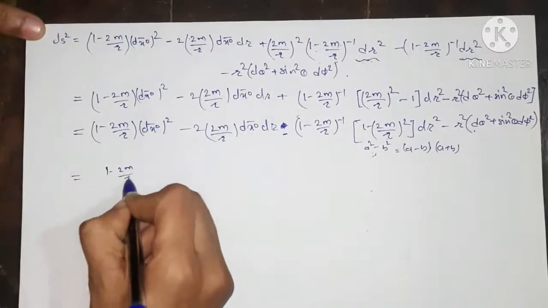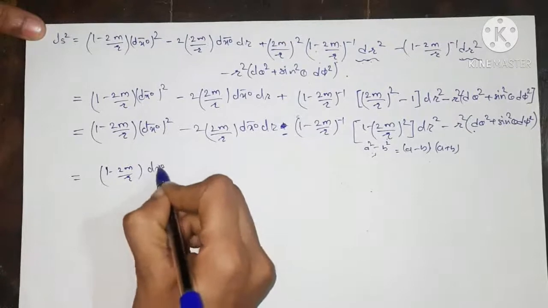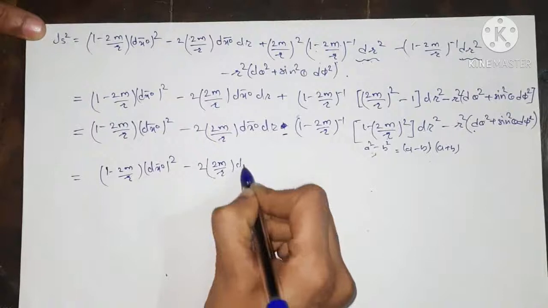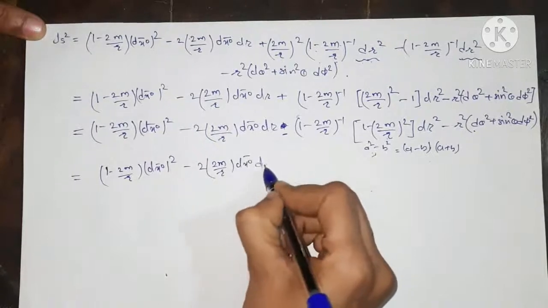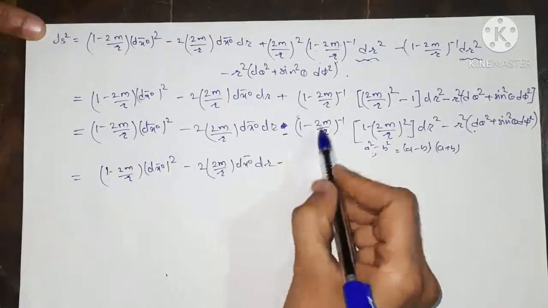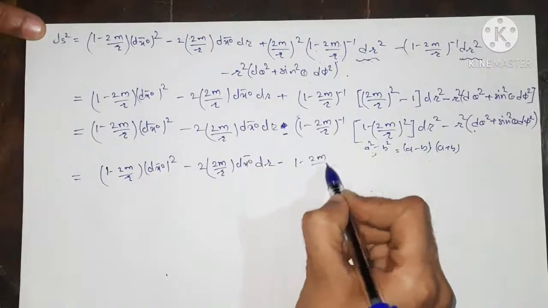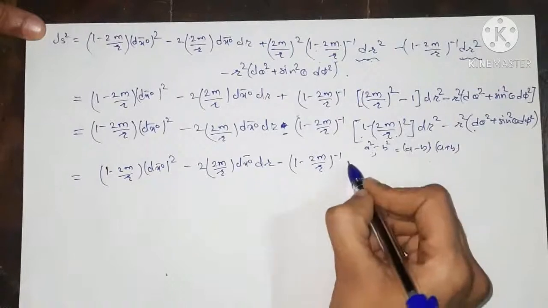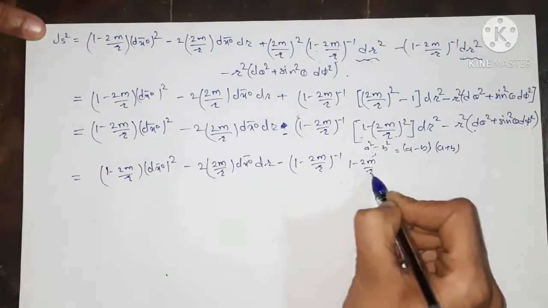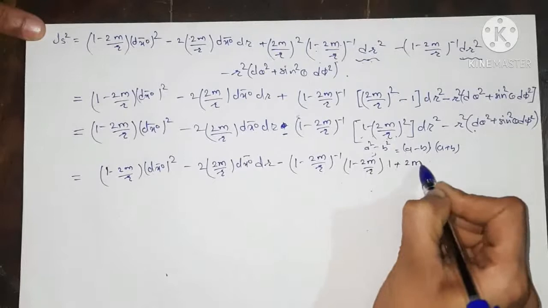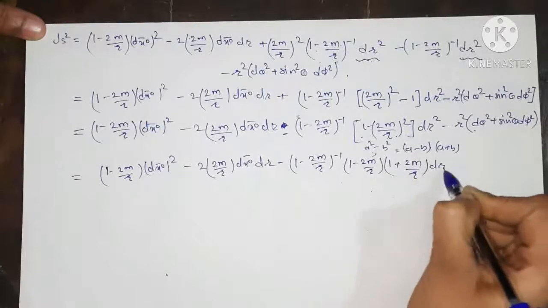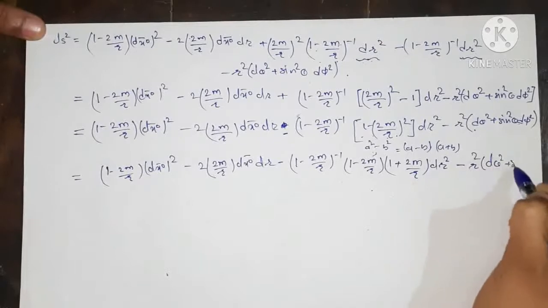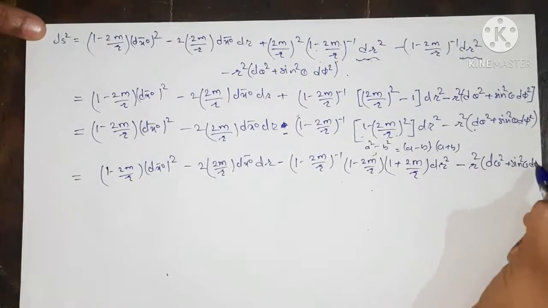2m/r dx0 bar squared minus 2m/r dx0 bar into dr minus, we write this (1 minus 2m/r) and we apply the formula of a square minus b square to this term. So it is (1 minus 2m/r) into (1 plus 2m/r) into dr squared minus this term as it is, minus r squared (d theta squared plus sine squared theta d phi squared).